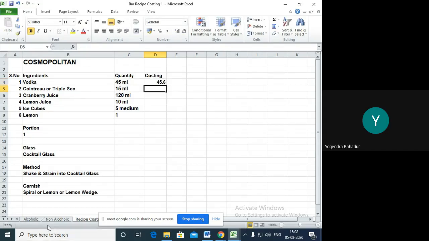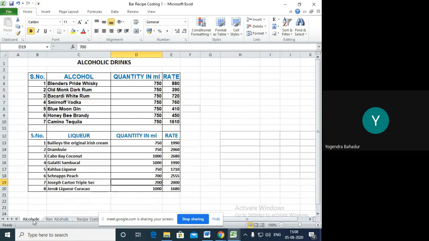Likewise, if we go to the Cointreau, it is again an alcoholic version. So this again we are going to find in the alcoholic section only. Here if you see the triple sec or the Cointreau, the triple sec has been written, it is 2000. Now you will ask me one question. Just now I told you the Indian version of the triple sec will cost you around 400 to 500, and here the rate has been given as 2000. It is because this Joseph Cartron is an imported brand.